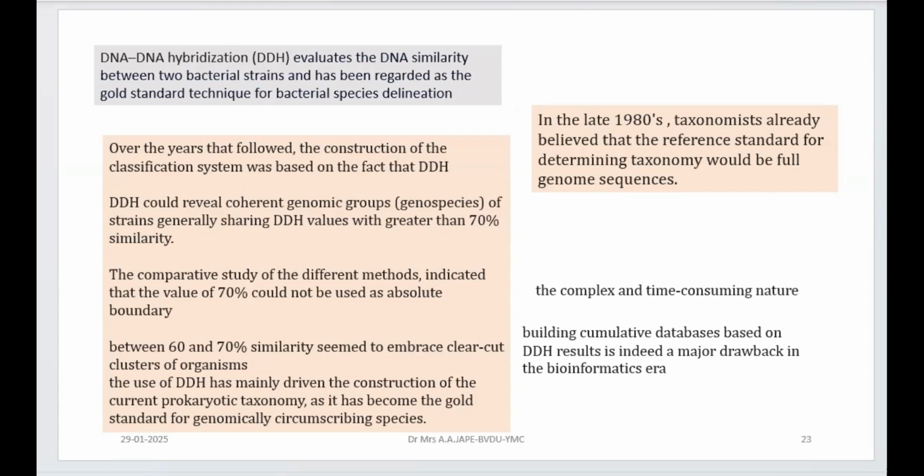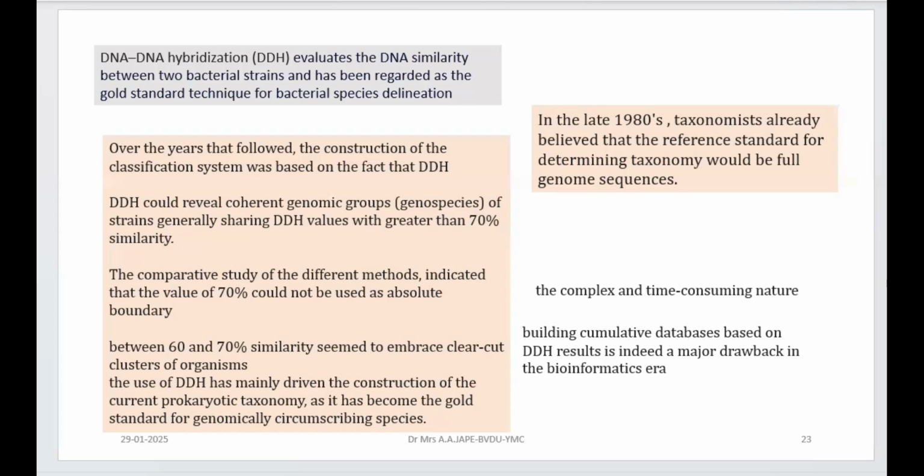They indicated that the value of 70% similarity could not be used as an absolute boundary for classifying and taxonomic positioning of the isolates. Right. So you have to have something which is going to give you a much more useful tool, I shall say, that would assure the similarity, so there won't be a misplacement of an isolate.